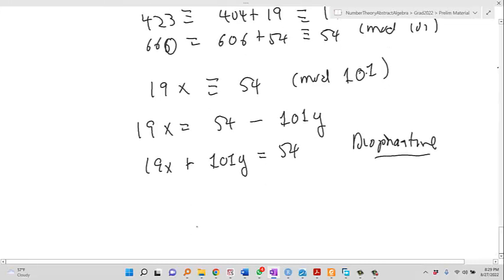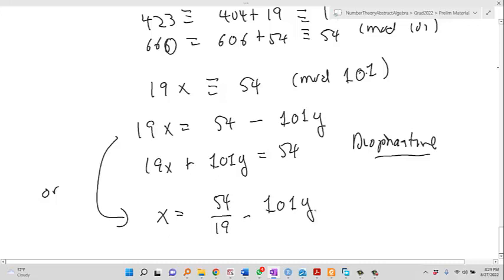Another way, which people do, is take this equation here. So an alternative is divide this by 19. You get x is equal to 54 over 19 minus 101y over 19.